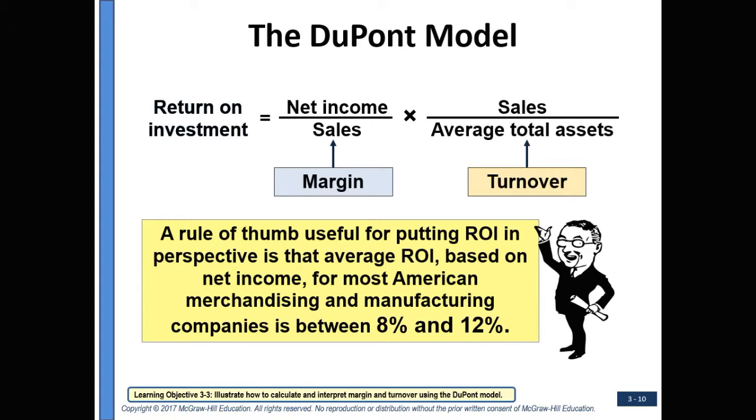There are very few tried and true absolutes. What you would want to do is look at the ROI utilizing the DuPont model for an organization over a period of time, compare it to its competitor, and then compare it to its specific industry.